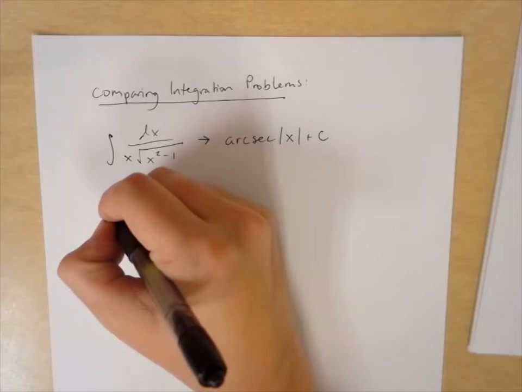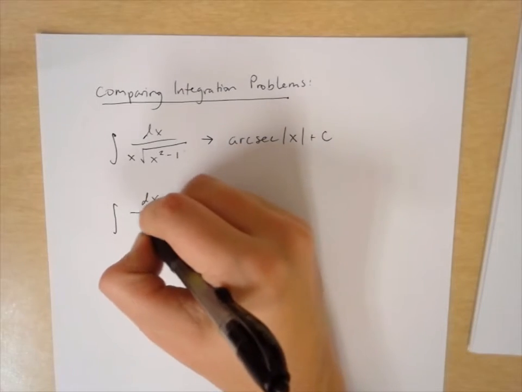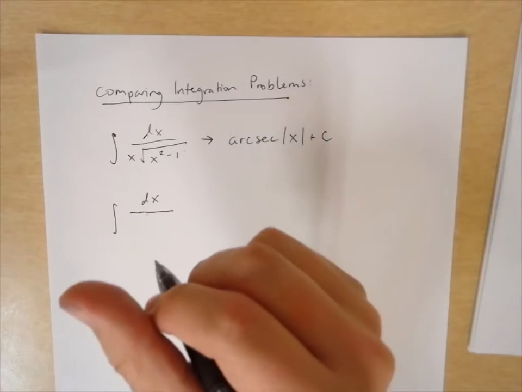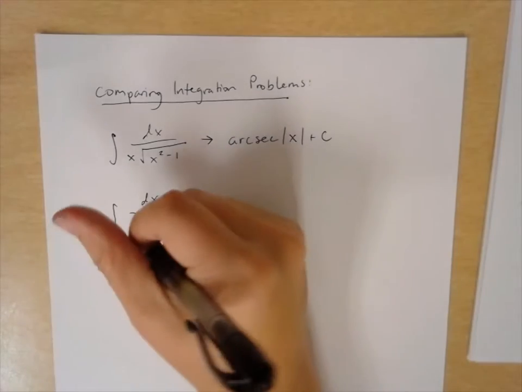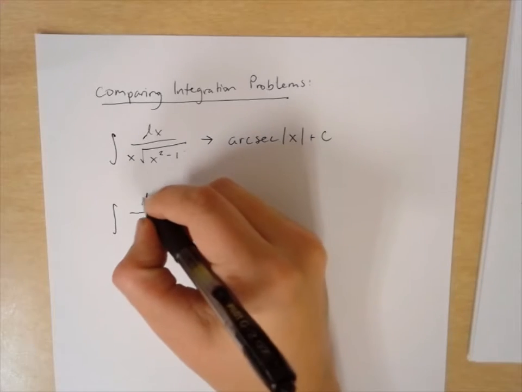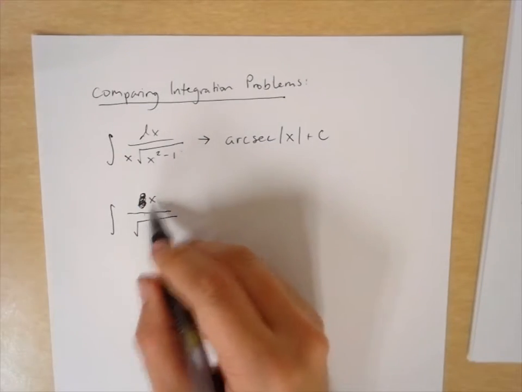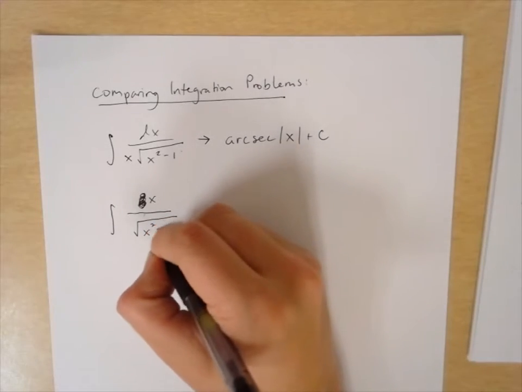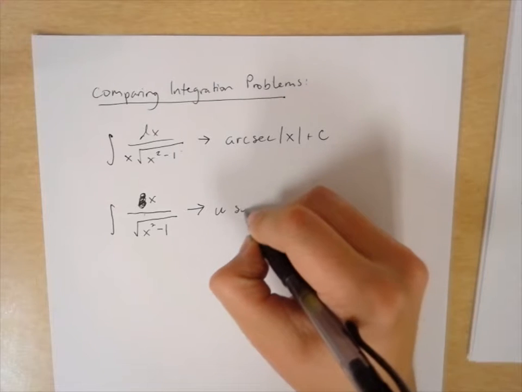But if we had one that looked really similar but was a little bit different, we'd handle it a completely different way. So if we had integral x over radical x squared minus 1, pardon me, that shouldn't be a dx, it should just be x, our strategy should be u substitution.